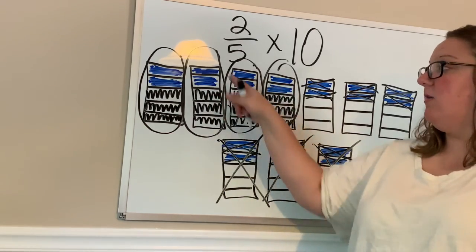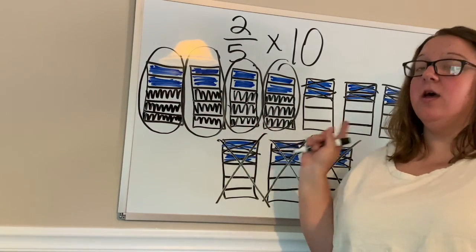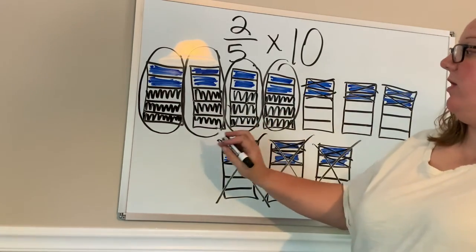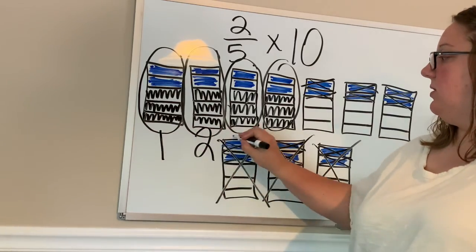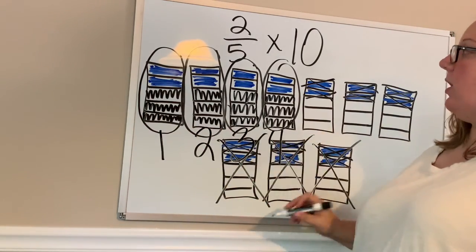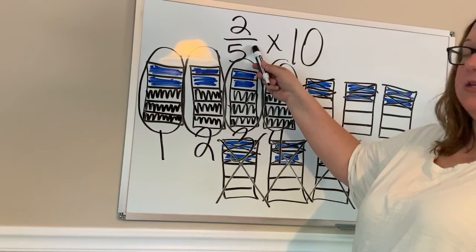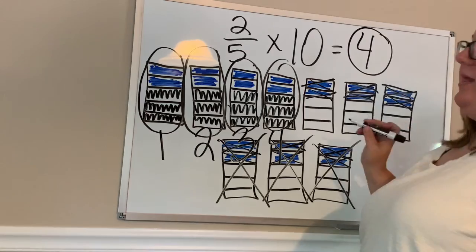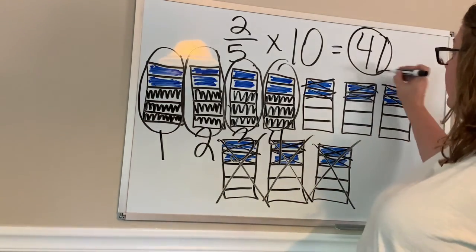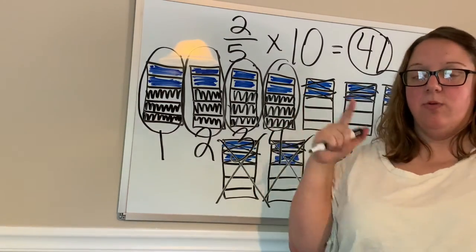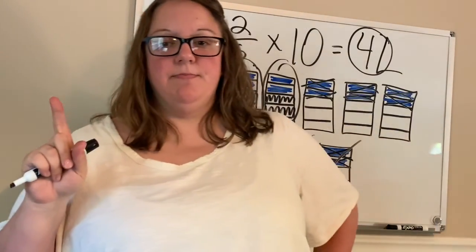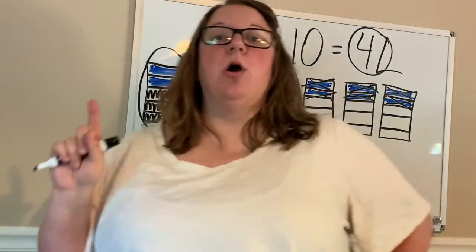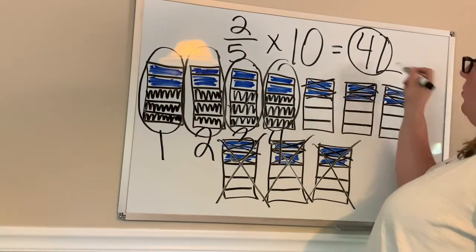Every single section, all 5 out of 5 are filled in. But how many wholes do I now have? Well, I have 1, 2, 3, and 4. So what that means is 2/5 times 10 equals 4. Alex has drank 4 liters of water. And if we go back to our problem right here, I can see that it's answer choice B. He drank 4 whole liters of water.